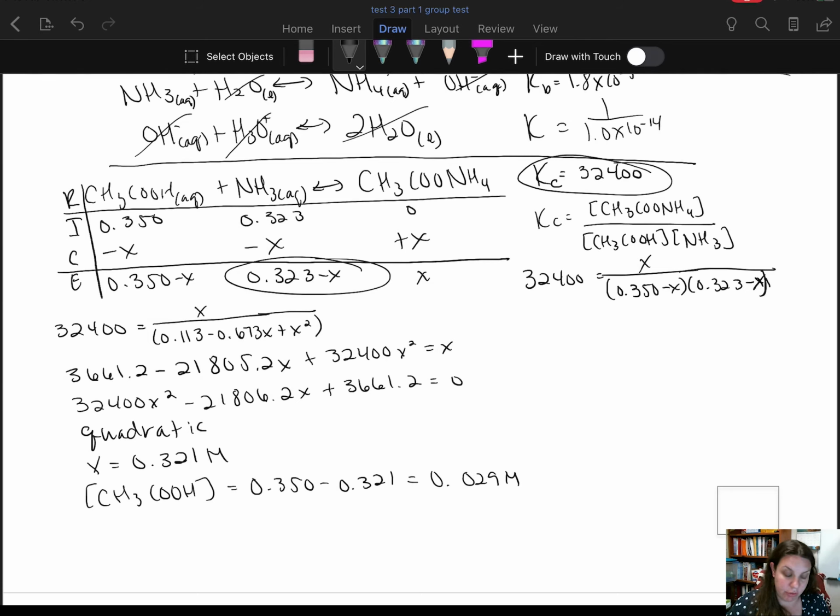We could go through and do a rice table for ammonia, since there is some, but it's so small that I'm going to ignore it. And we're going to do a rice table for our dissociation of the remaining acetic acid.